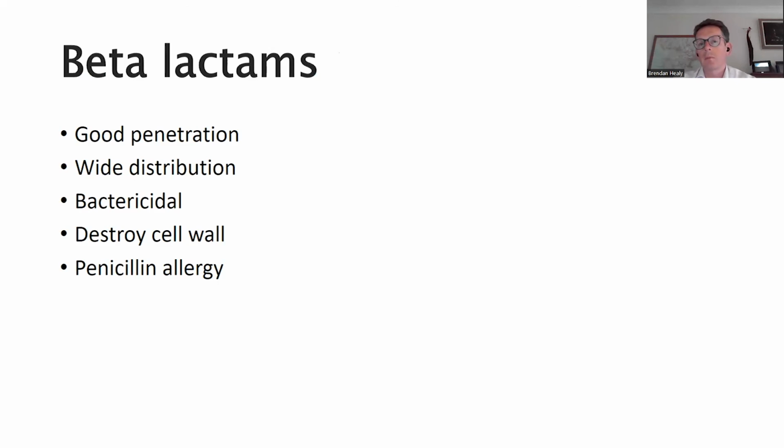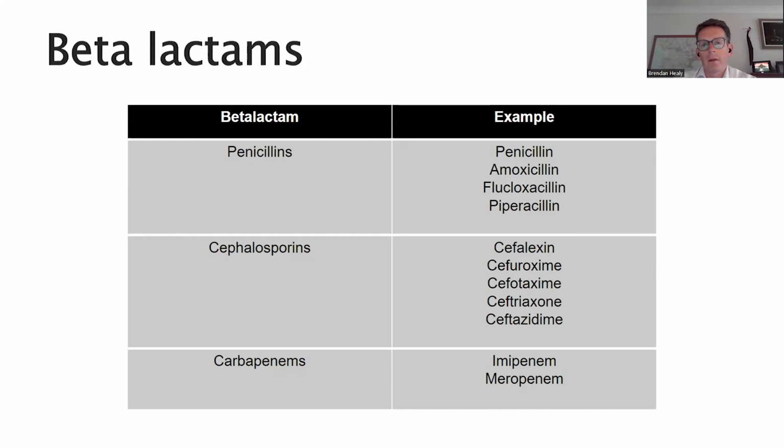So for meropenem, it wouldn't be uncommon for us to use 2 grams 3 times a day, flucloxacillin 2 grams 4 times a day, etc. There is the issue of penicillin allergy, which I'll touch on briefly. It's worth knowing, I'm not going to talk to this slide other than to say that there are lots of different types of beta-lactam antibiotic just listed here.